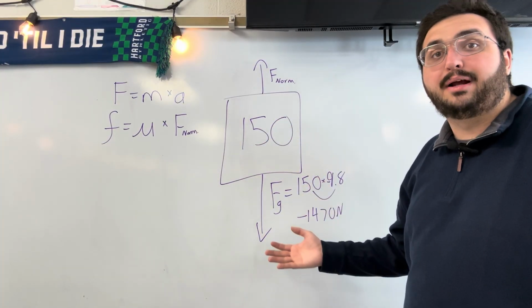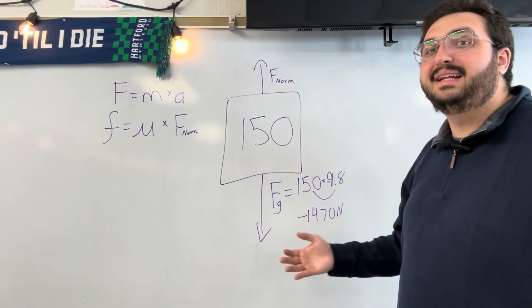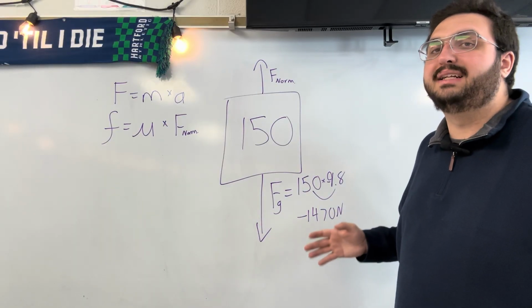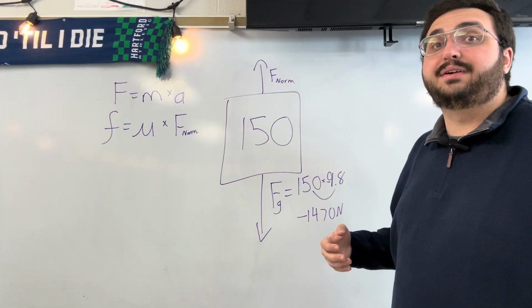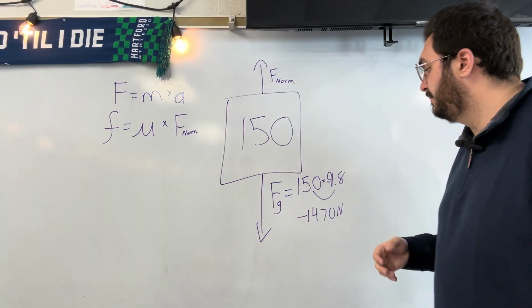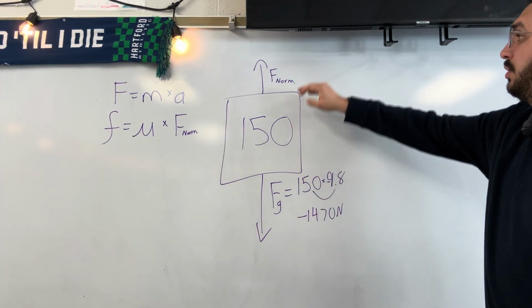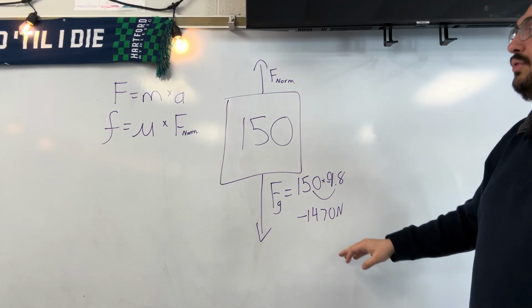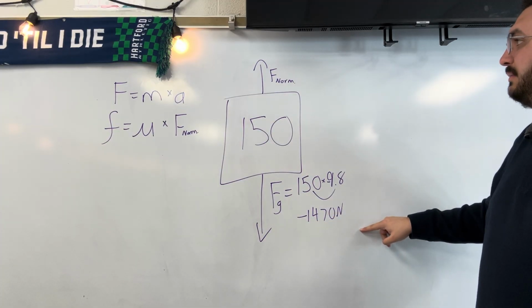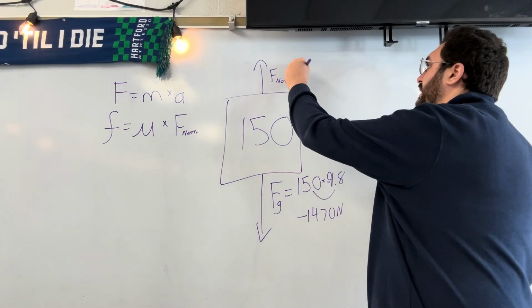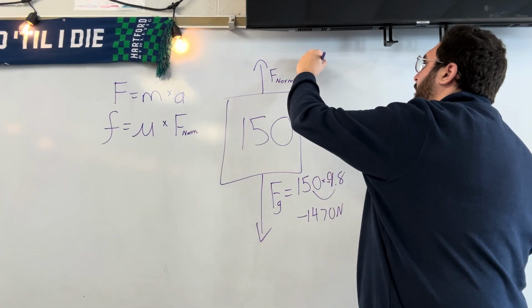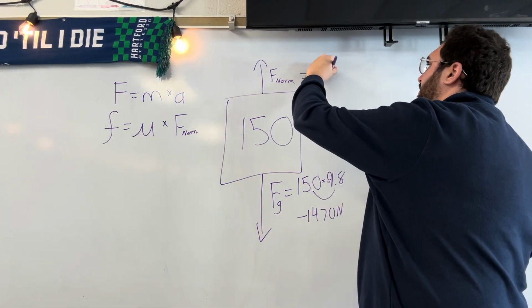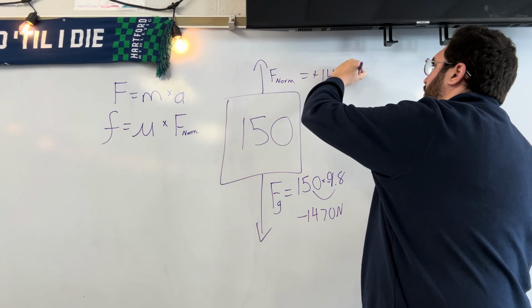We have that in our diagram. We don't need the sign to also prove that it's pointed down. But when we're doing our calculations, when we need to understand that our normal force is the opposite of gravity, then yes, we need to understand gravity is negative 1,470. So therefore, normal force has to be equal but opposite, positive 1,470 newtons.